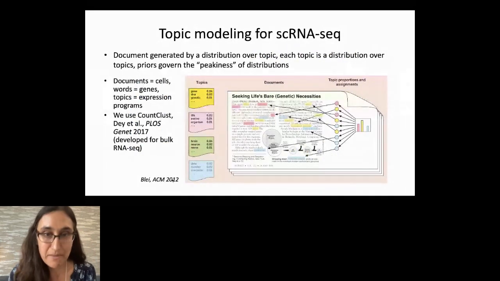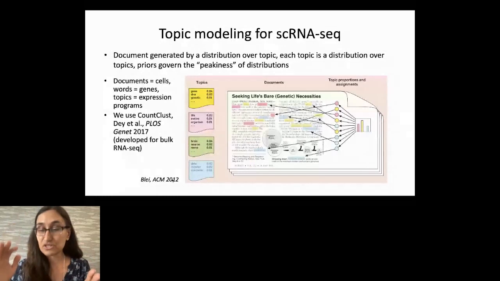And maybe for a computational audience, everyone's familiar with latent Dirichlet allocation and topic modeling in general. It comes from text, where we think of documents as having a distribution over topics, and the topics are shared across all the documents in the corpus.